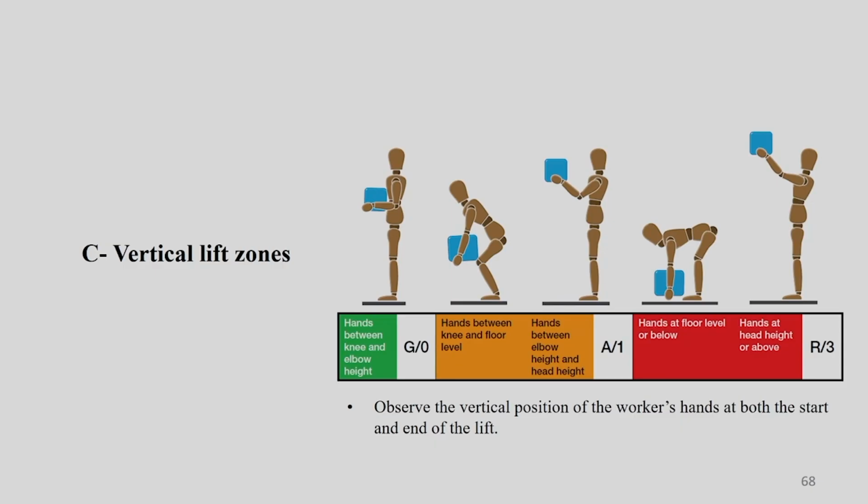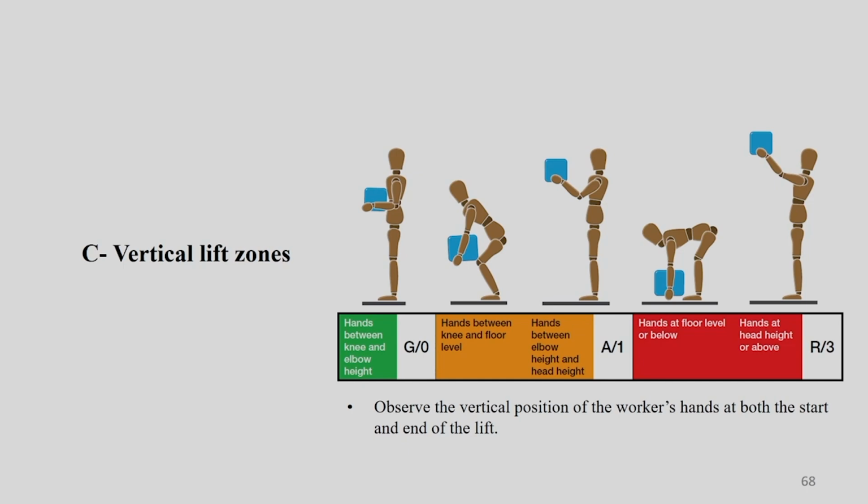Where it was and where it became. So the changes, right? When we are talking about G, that is 0, the green zone: hands between knee and elbow height. So it's a comfortable position, then green is 0.